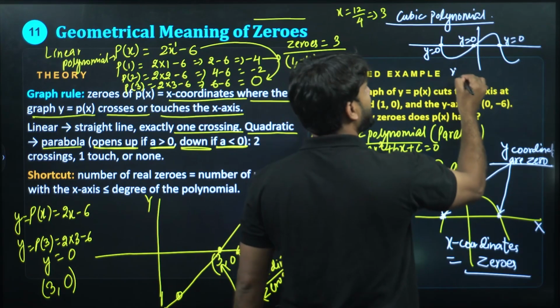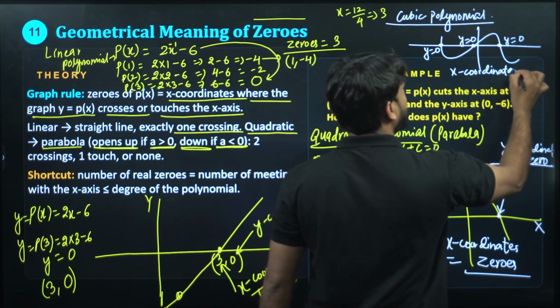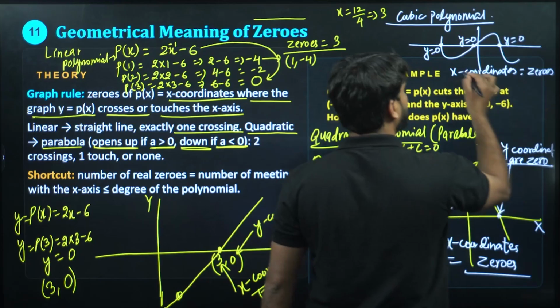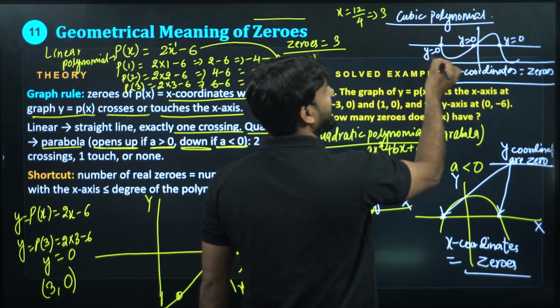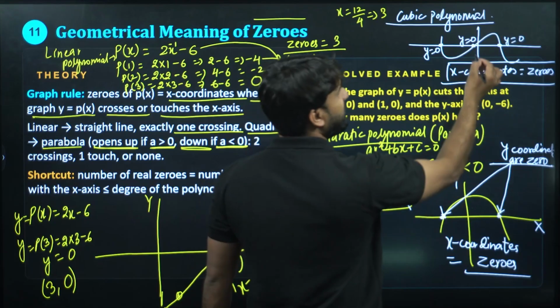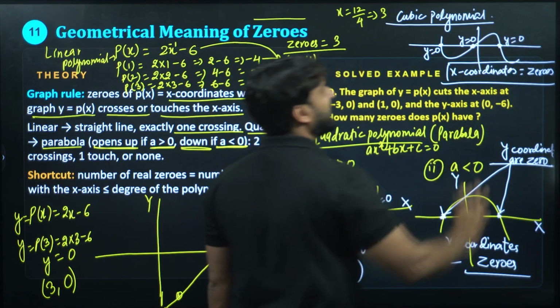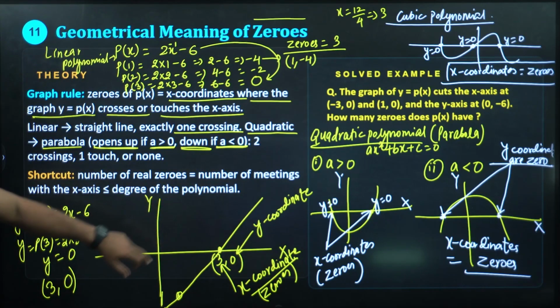So the values of these x coordinates will be zeros, because when we put this x, we get the result of the polynomial as 0. When we put this x, we get the polynomial as 0. When we put this x, we get this 0. I hope this is clear. Please take a screenshot. This is a very important concept.